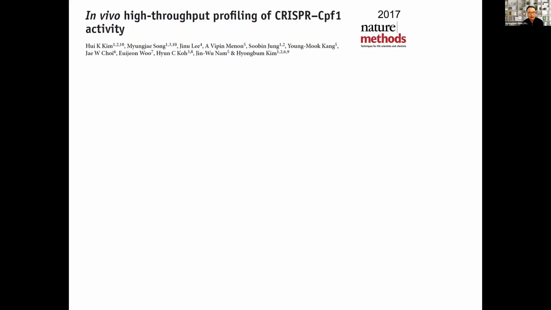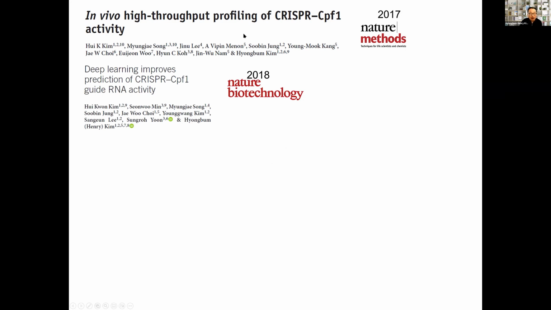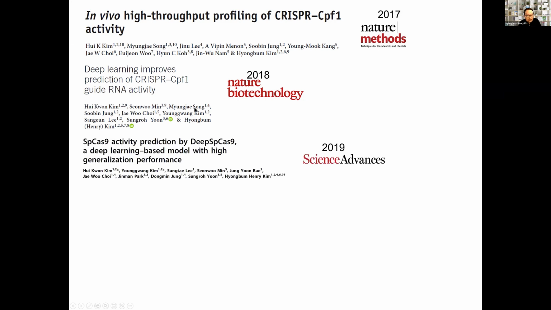So we are the first group to profile CPF1 activities in a high throughput manner, and using this method, we use deep learning, as I talked about just now, to predict CPF1 activities in a target sequence dependent manner. Then we also applied the same technology to predict Cas9 activities.